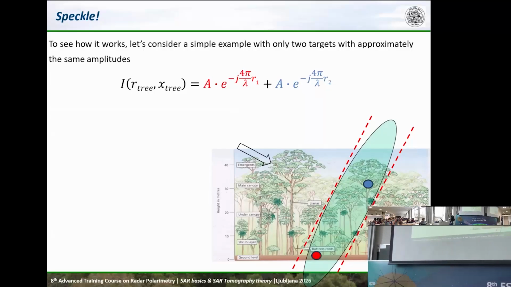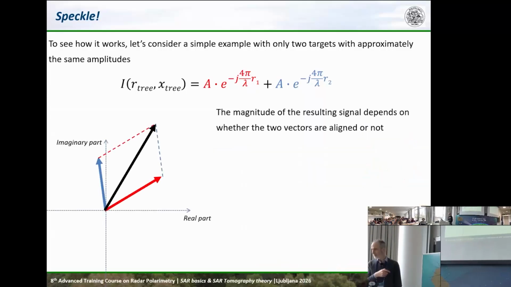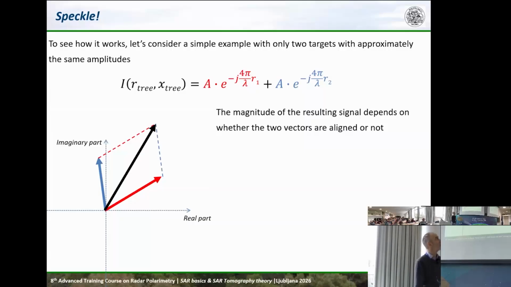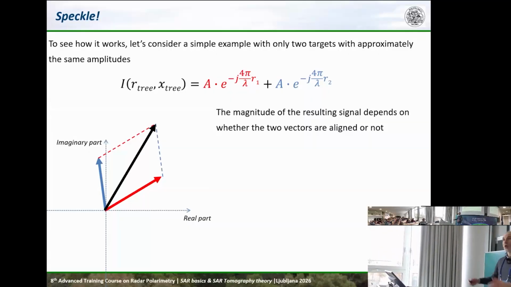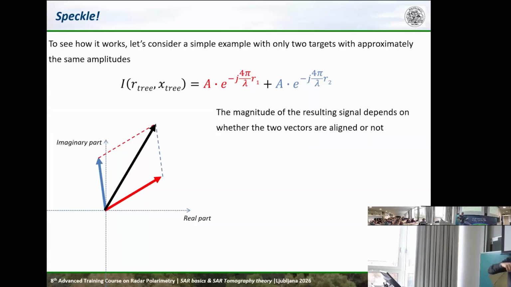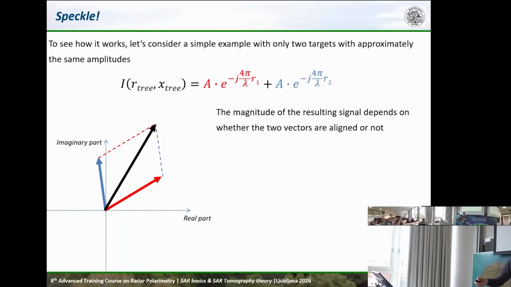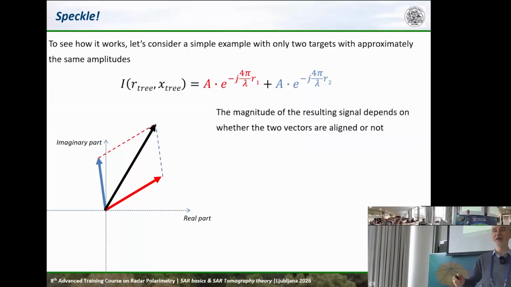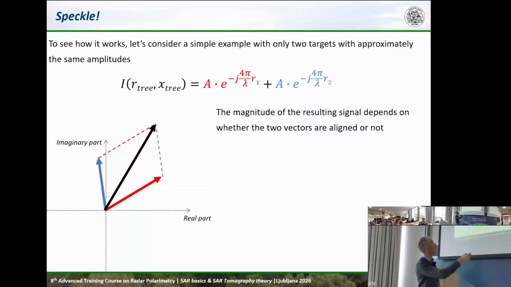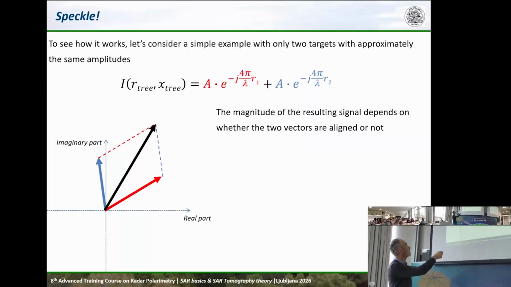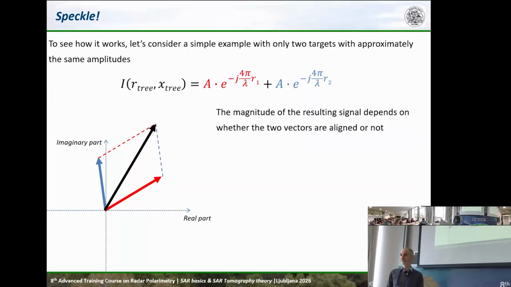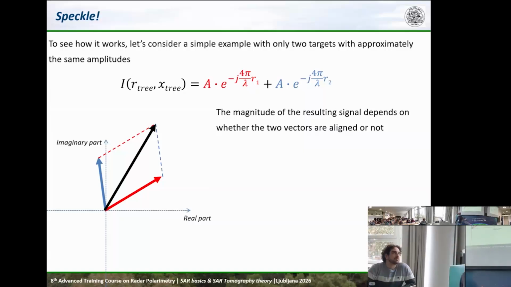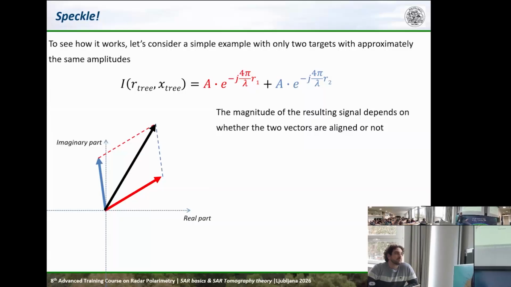So if we visualize this sum using the analogy between complex numbers and vectors, remember that a complex number is also a vector in a 2D space, it means that we need to sum the red vector and the blue vector. I get that you all remember how to sum two vectors, right?